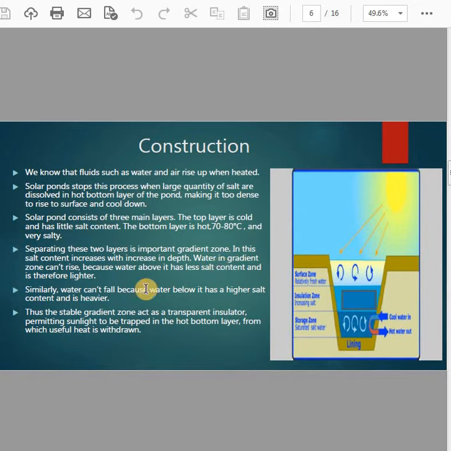Similarly, water can't fall because the water below it has higher salt content, that is, the salinity is higher below the second region. Thus the stable gradient zone acts as a transparent insulator, permitting sunlight to be trapped in the hot bottom layer from which useful heat can be withdrawn.